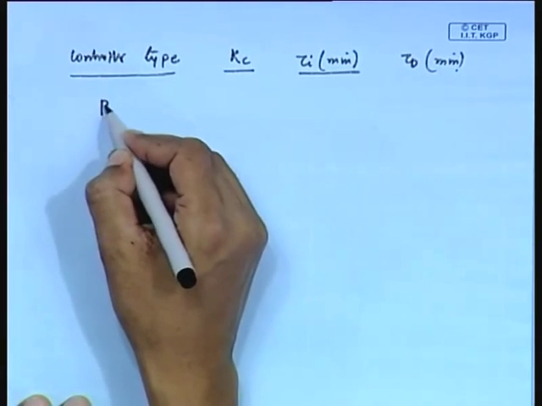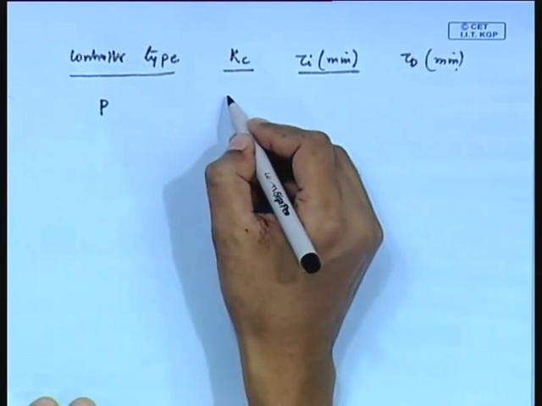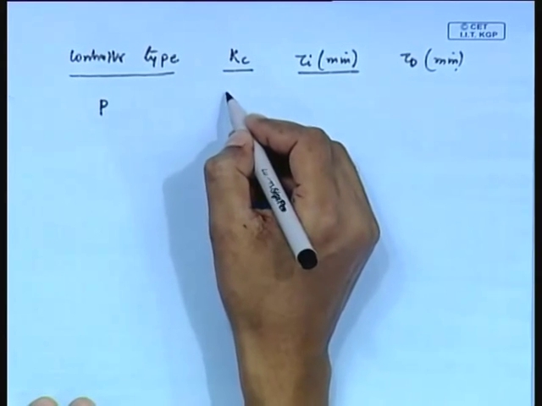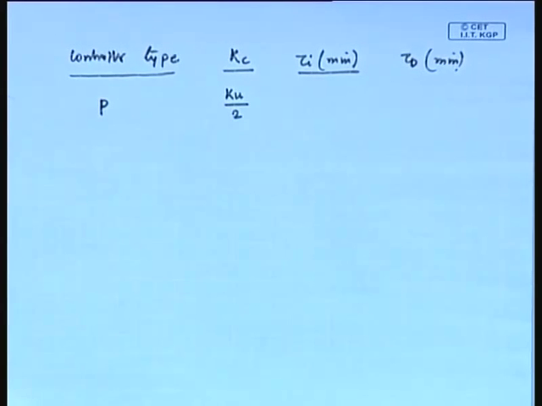For P only controller, Ziegler and Nichols proposed the expression for Kc, which is equal to Ku divided by 2. Fine.